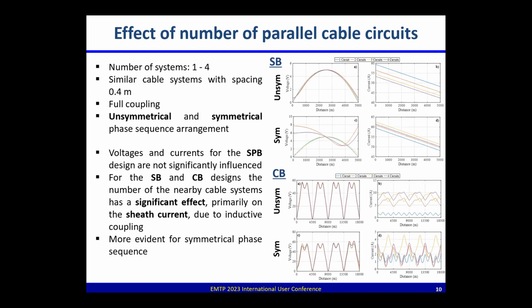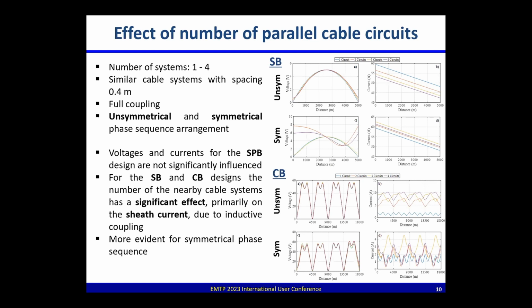For the solid bonding design, the major problem is, of course, not the voltages, because you see that the levels are very high due to the bonding scheme at both ends. But you can see that there are indeed some significant differences by taking into account the additional circuits.